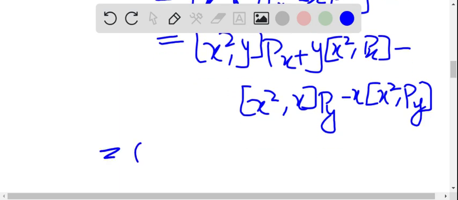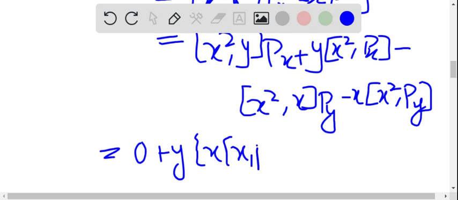So this would be 0 plus y x p_x, right? I'm doing nothing very technical over here. I'm just using the basic commutator algebraic techniques that we just discussed earlier, right? I'm just using them.